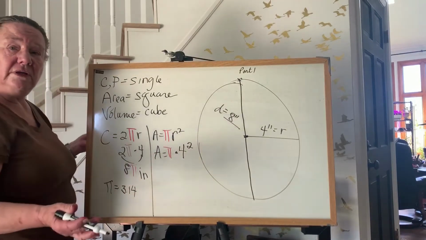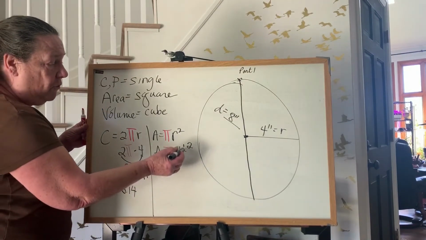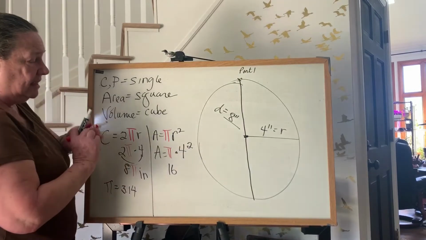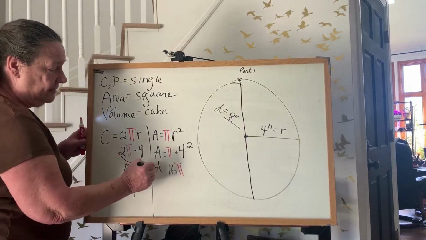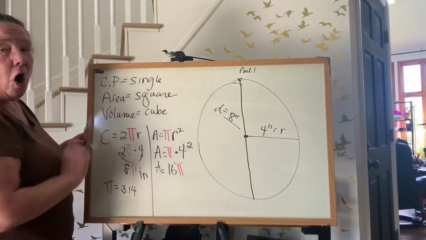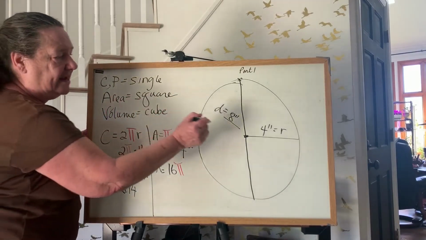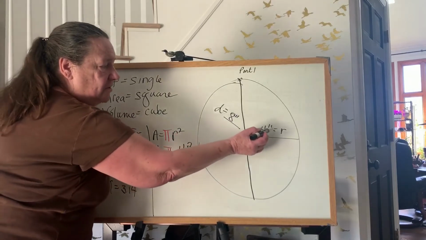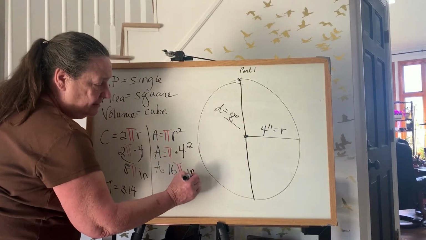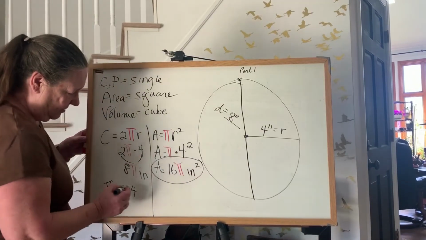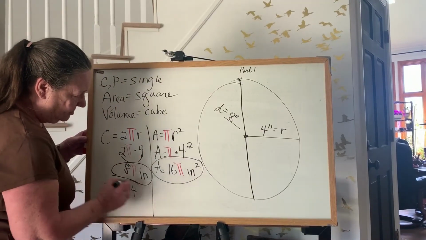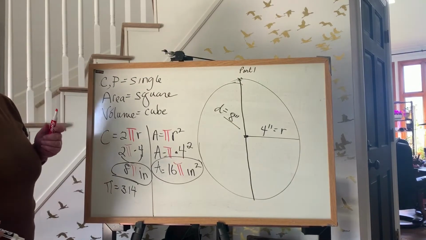And again, you only do the black numbers. 4 squared is 16. Then bring down your pi, and there's your answer. Area is always a squared relation. So in this case, it would be inches squared. Okay? There's your answer for area. There's your answer for circumference. Okay?